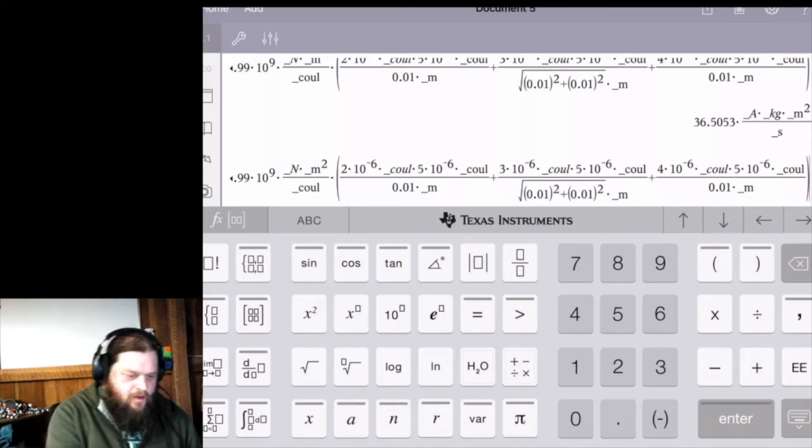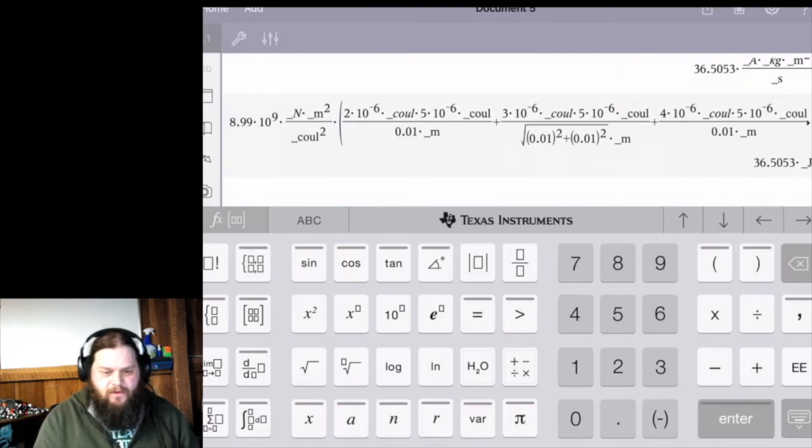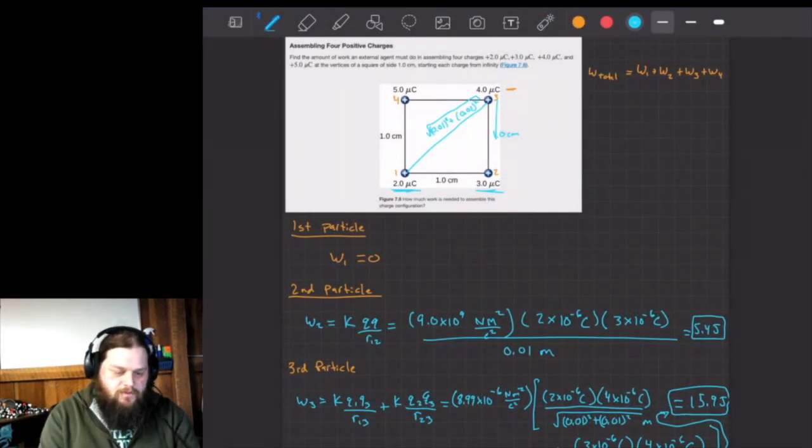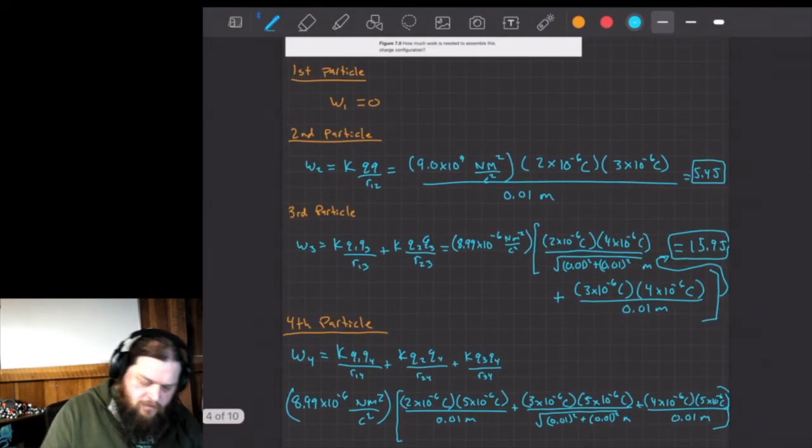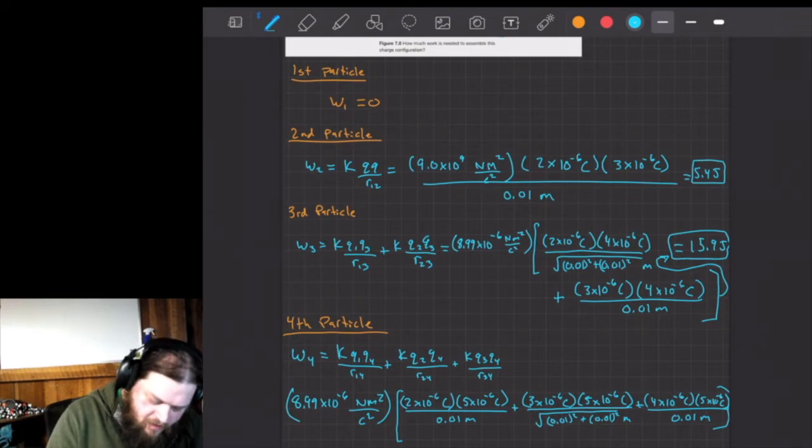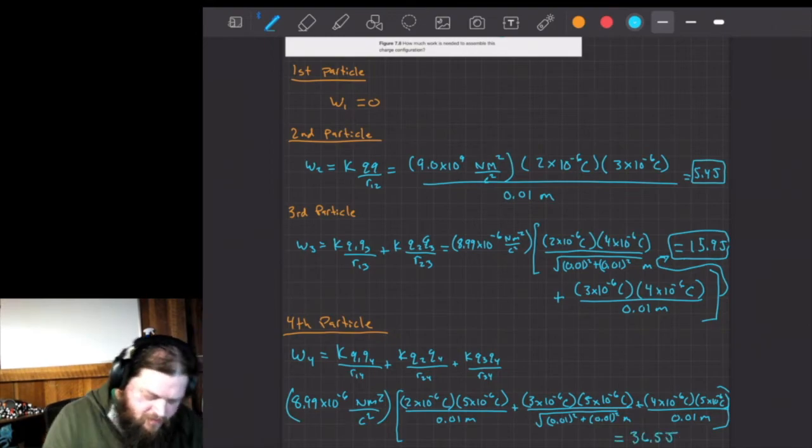I forgot to square this guy. I knew it because my units didn't work out. The value should be right. There you go. 36.5 joules. So this is equal to 36.5 joules.